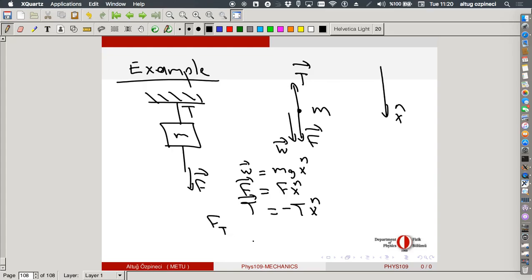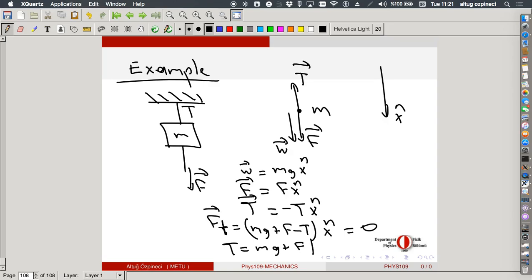So the total force, which should be equal to (mg + F - T) x hat. Now, if the string doesn't break, then this should be equal to 0. So the tension should be equal to mg plus F.